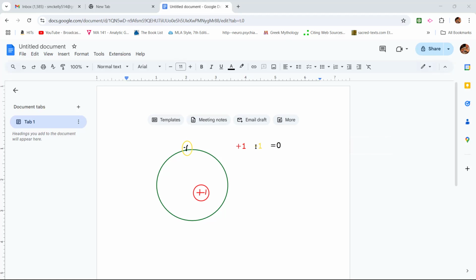I need a -1. Now, if I run up on another molecule, let's say, and it gives me an electron, then I become charged, because then I have more electrons out here than I do in here, and I can't balance anymore, right? So that becomes an ion.